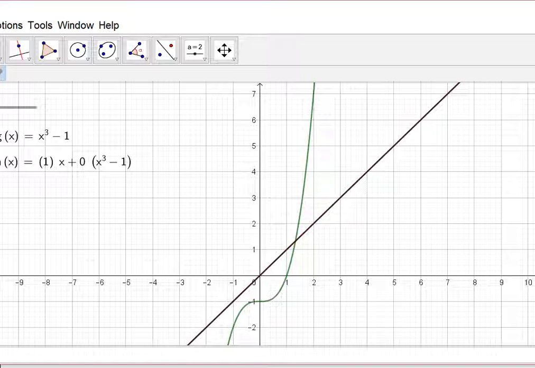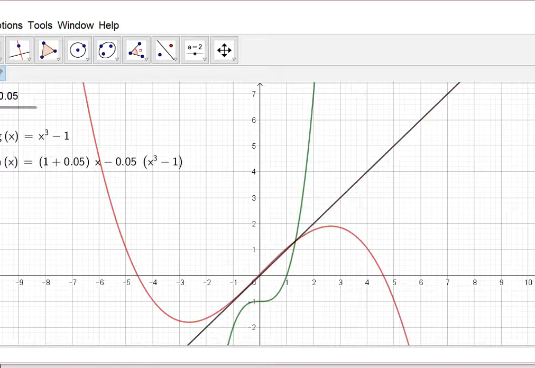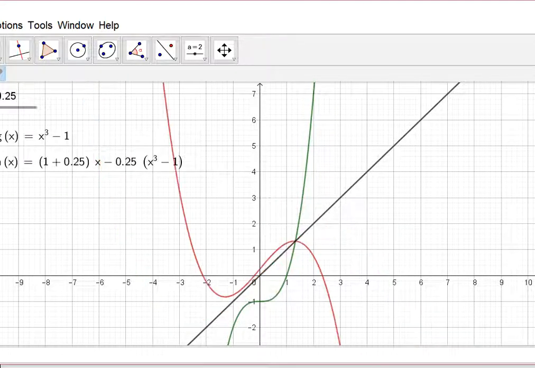If we reduce it further, so we've got lambda is minus 0.05 now, and we're now within the favourable range from minus 1 to 1, so we want to try and get it as horizontal as possible, and so that's fairly good. That's lambda equals minus 0.25.